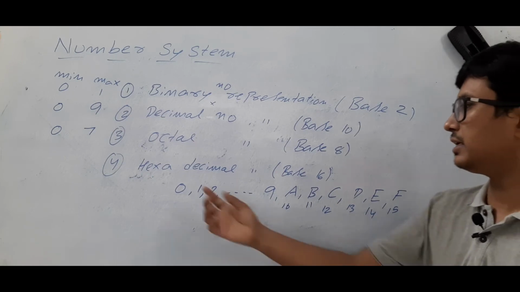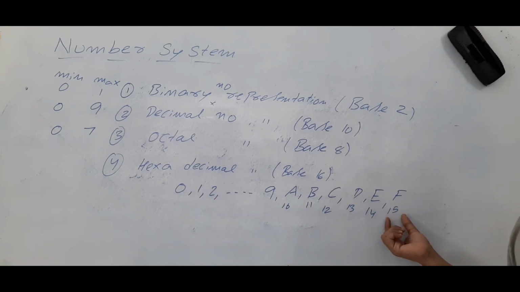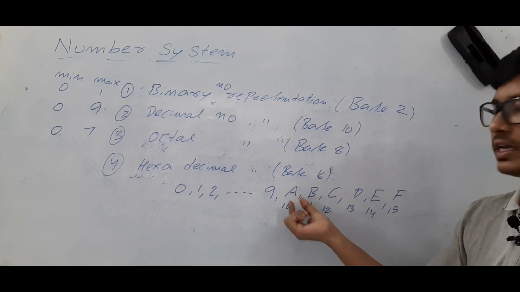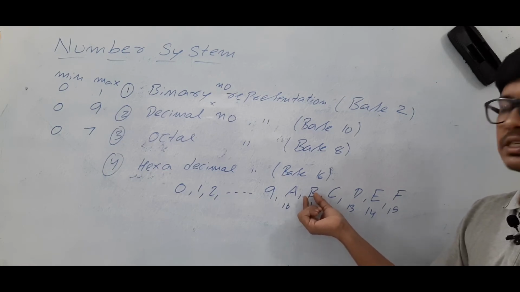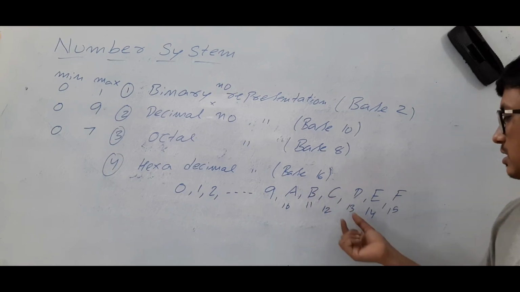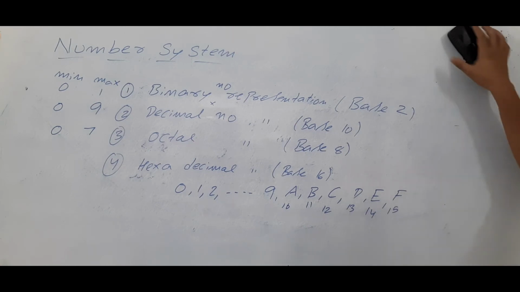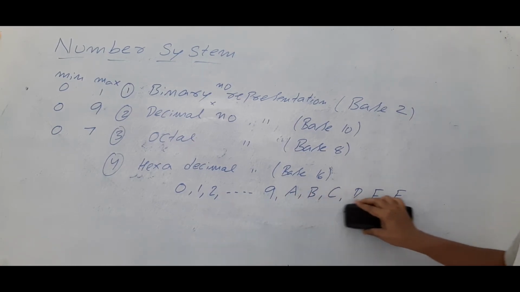So the minimum element is 0 and the maximum number allowed is 15.